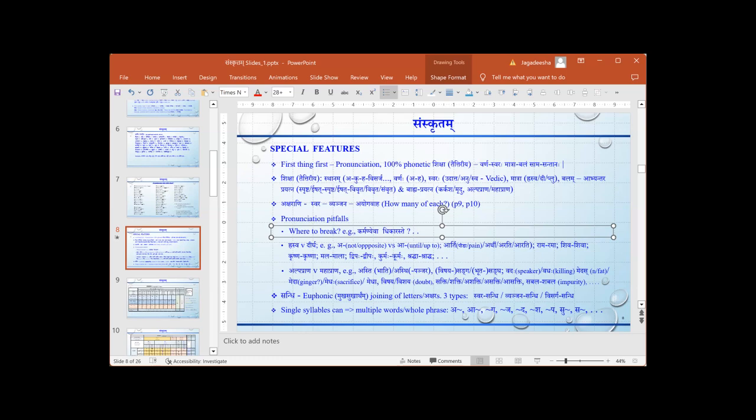Like Uttama Purusha, first person, Bahuvachana. Vayam Kurmaha, we all do. So it's a Bahuvachana Kriyapada, to do, the kṛ dhatu, in the present tense, Uttama Purusha, first person, Bahuvachana, that is the Kurmaha.